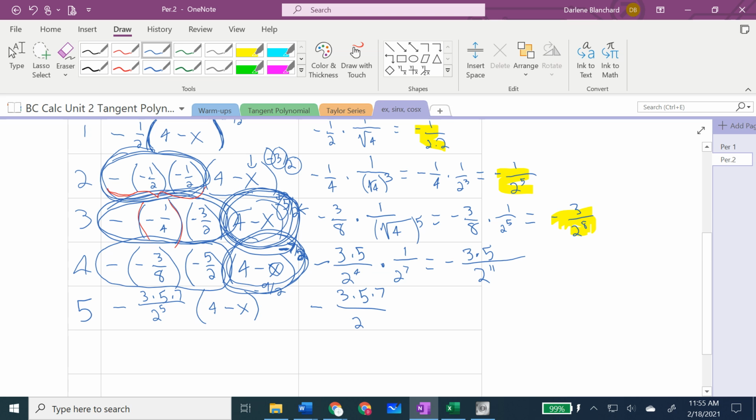Let's see, 9 plus 5 is 14, yes. And if you don't see where that 14 comes from, you plug in 0, you get 4, square root is 2, in the denominator, 2 to the 9th power in the denominator, and 2 to the 5th in the denominator, 5 plus 9.